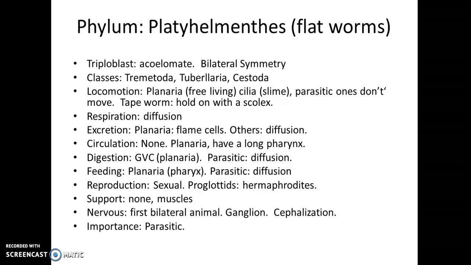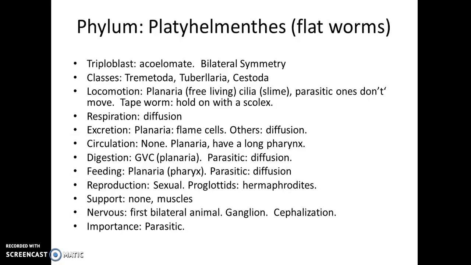Locomotion, planaria use cilia or slime. Parasitic ones, like in Trematoda and Cestoda, don't move. Tapeworms hold on with a structure known as a scolex, a series of hooks that attach to your intestines. Respiration, diffusion, excretion, planaria have flame cells, others by diffusion.